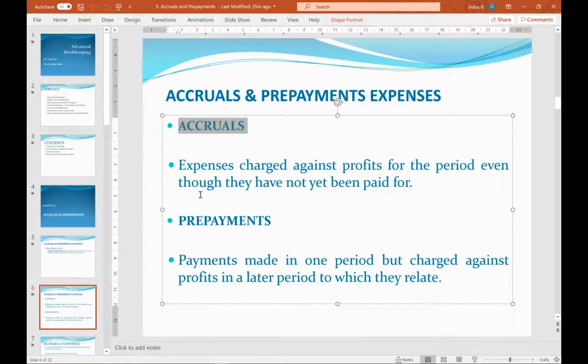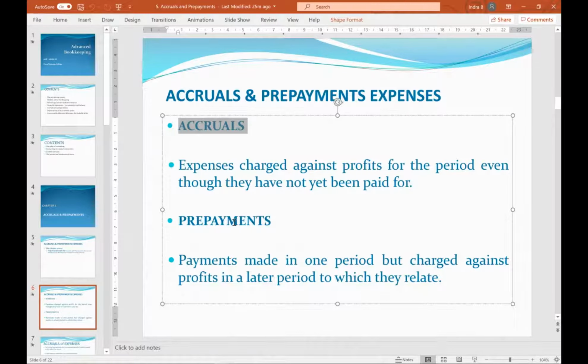Similar to accruals, there may be prepayment, like some expenses we pay in advance for the future period. For example, it may be rent. Most landlords charge the rent in advance.